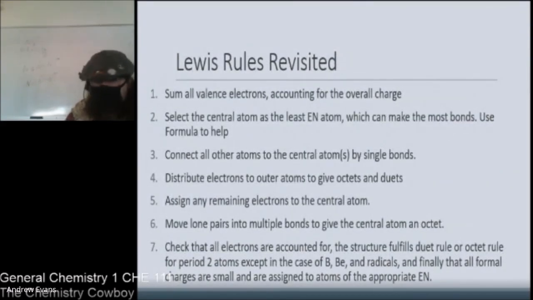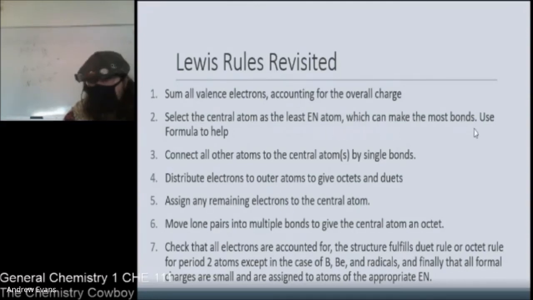Now, I will stop after this slide, but starting next class, we will do some examples of these expanded octets. So looking at the Lewis rules again, we sum up all the valence electrons, and we account for the overall charge. We're still going to select the central atom first in the formula, but it should also have the least electronegativity, and it can make the most bonds.